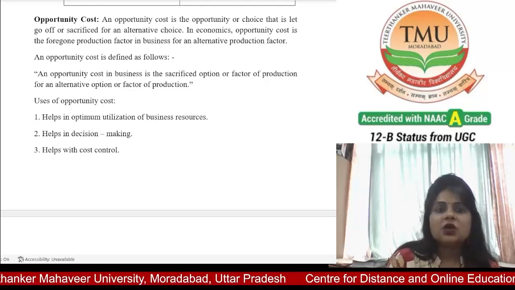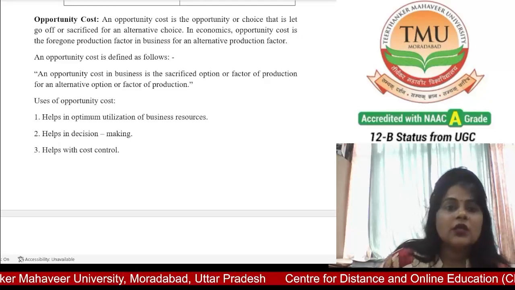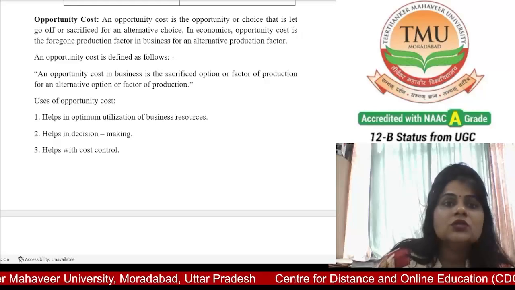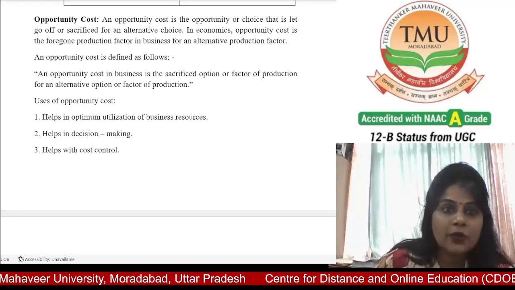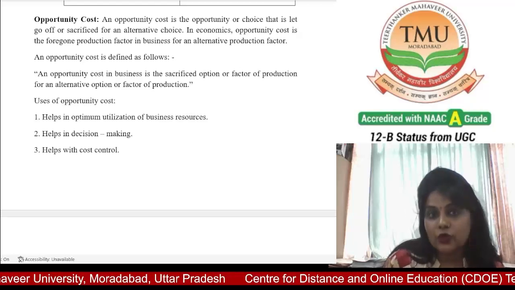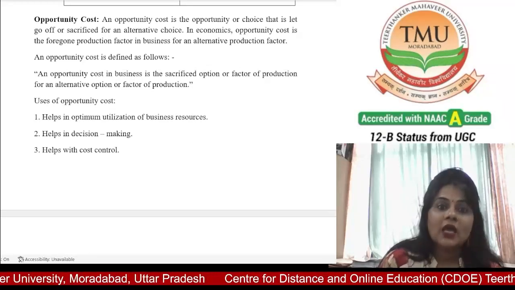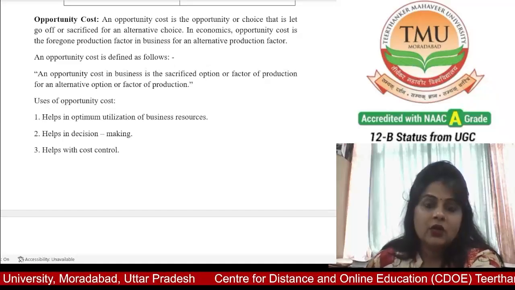There are some limitations of opportunity cost also. First of all, the uses: opportunity cost helps in optimal utilization of business resources because it considers alternative uses. So it helps in decision making and helps with cost control.